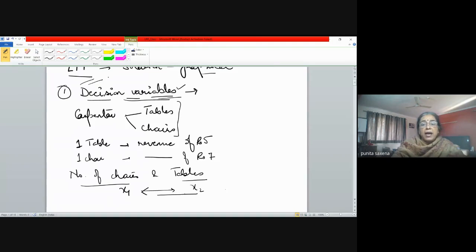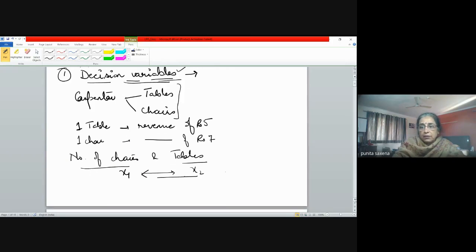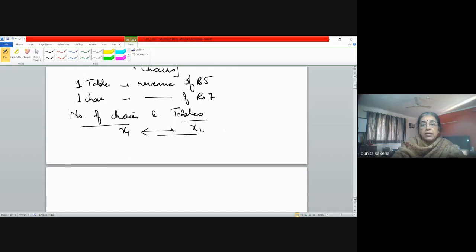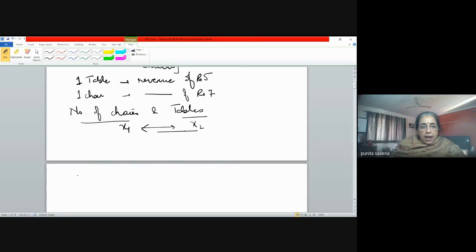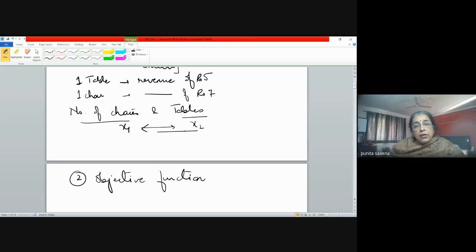Okay, so once we have the decision variables with us, the next thing, like I was saying, for a typical LPP, we need to identify what is the objective of the problem so that we can convert the objective into a mathematical function. And because we are calling it a linear programming problem, obviously this objective function will always be linear in nature.